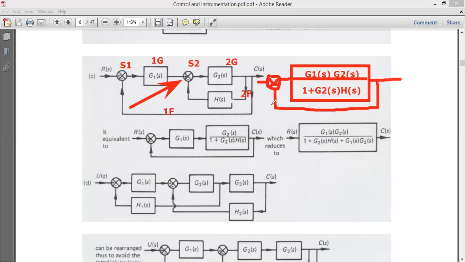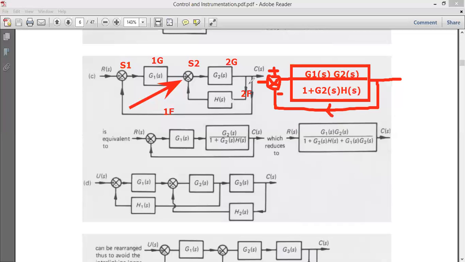So you can just see here the direction of the arrow is toward the summation, and this is plus here, and this is minus here. And the direction of feedback is towards the summation.